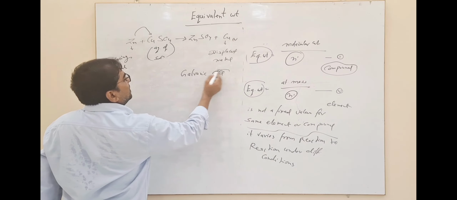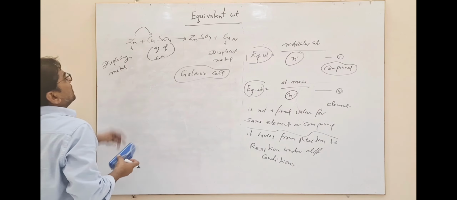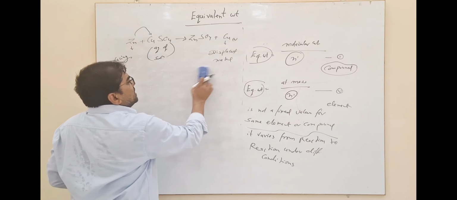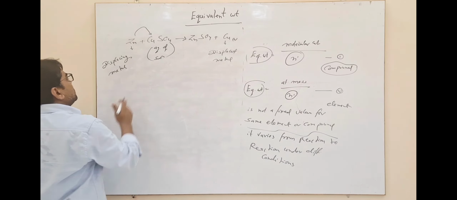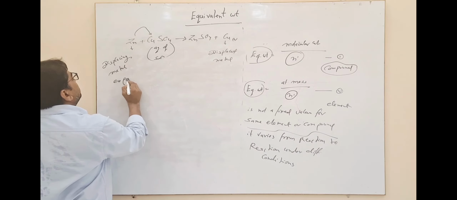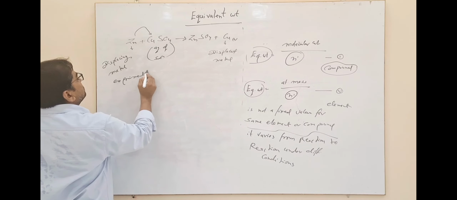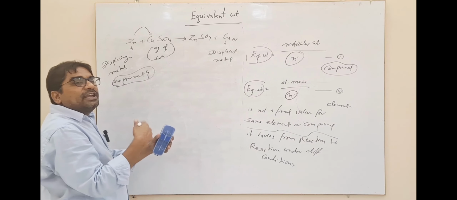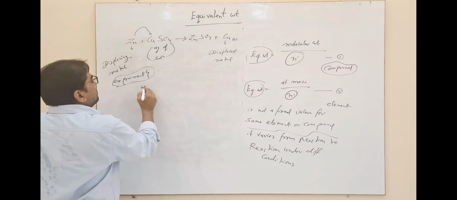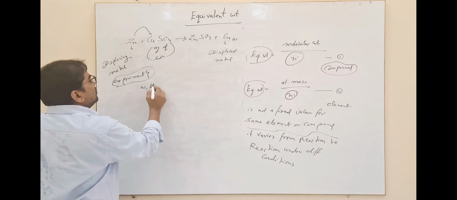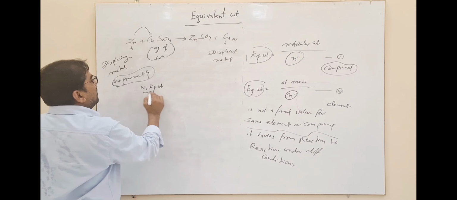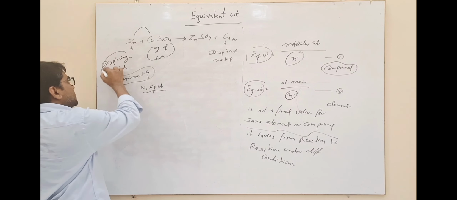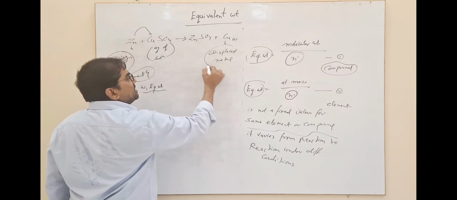in electrochemistry. Now here we will focus on equivalent weight. It has been observed experimentally that there is a ratio between mass and equivalent weight of displacing metal and displaced metal.